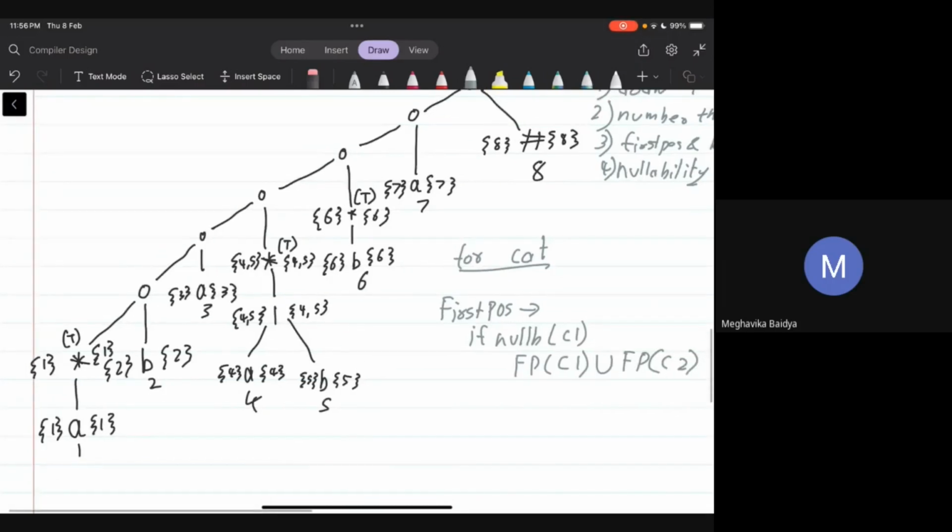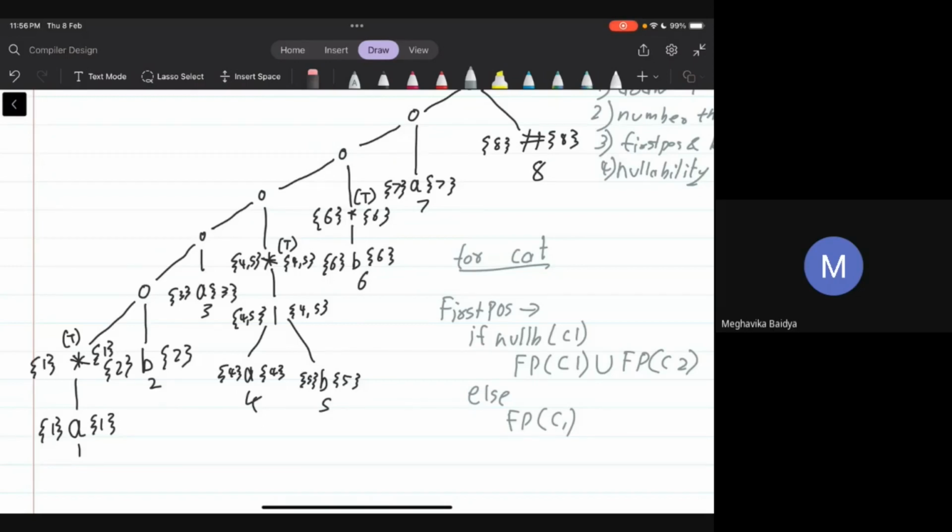Else, FP of C1. So if nullability is true, then FP of C1 union FP of C2. Is it the same thing for LP also? No, for last pos you'll check C2. I'll get back to that.